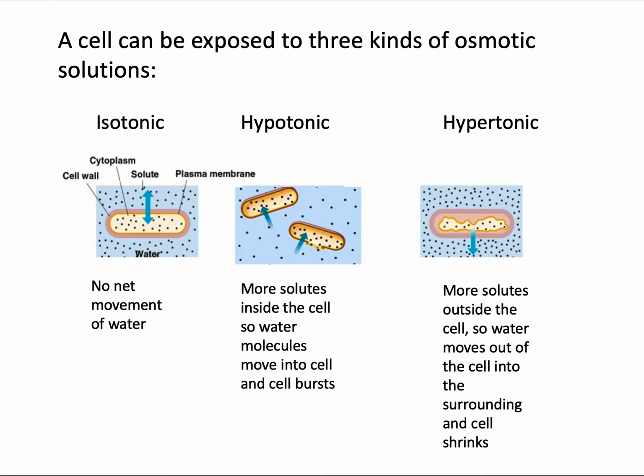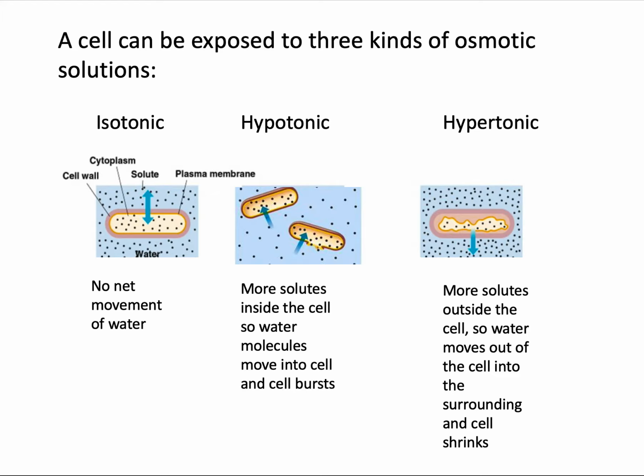So there is no net flux in terms of movement of water. And such an environment is described as isotonic. So it's the same conditions inside the cell as outside the cell as well.